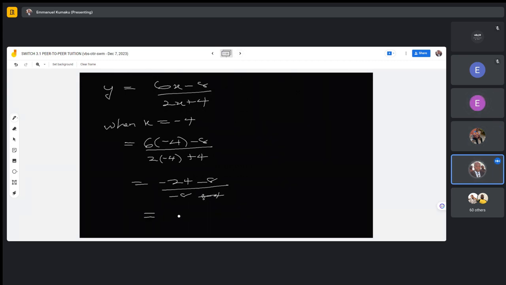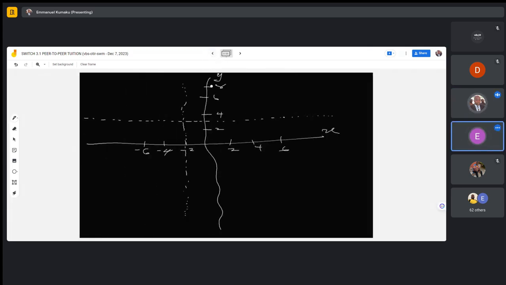You are going to have negative 32 for the top and negative 4 for the bottom, and that will give us positive 8. Our coordinate will be negative 4, comma 8. So we look for the region in which negative 4, comma 8 will be, and it will be somewhere here. So this is our test point. So our curve looks like this.